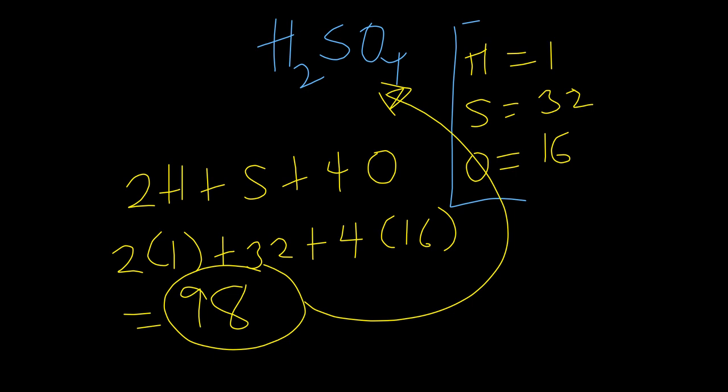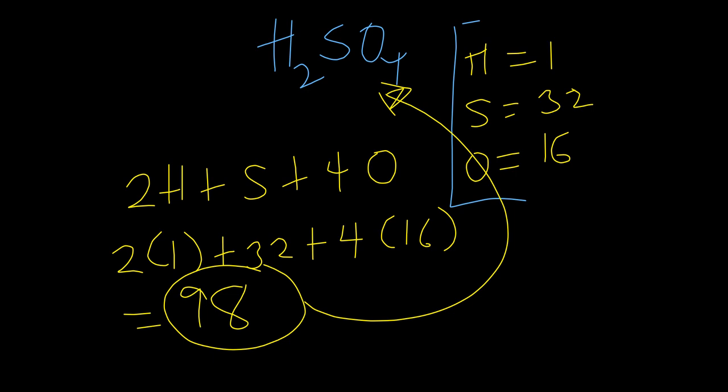And please remember to differentiate between relative atomic mass and relative molecular mass. Relative atomic mass is at the atomic level, whilst relative molecular mass is at the molecular level.